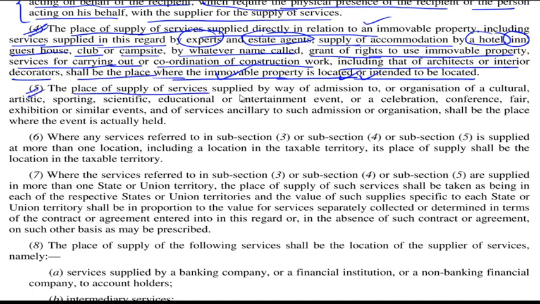Place of supply of service supplied by way of admission to, or organization of, a cultural, artistic, sporting, scientific, educational, entertainment event or a celebration, conference, fair, exhibition or similar event, or of services ancillary to such admission or organization, shall be the place where the event is actually held.